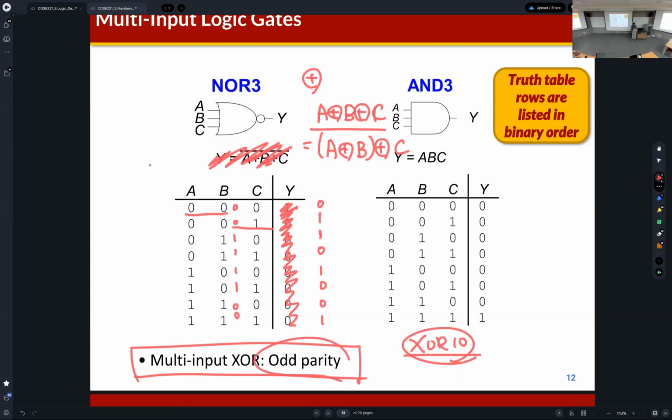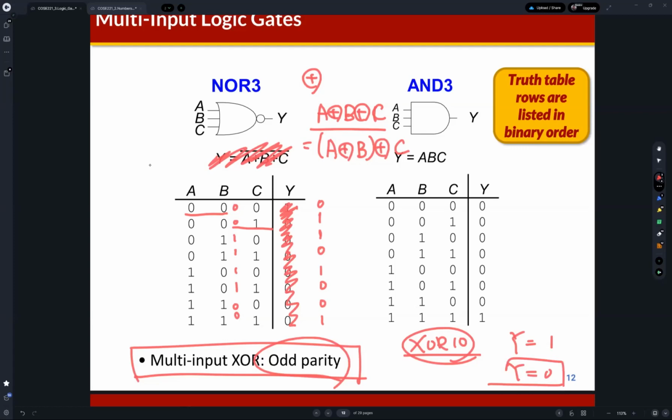The output means that we just count the number of ones in the multiple inputs, and if this count is an odd number, then the output becomes 1. And if the number of ones is an even number, the output becomes 0. So we can easily calculate the multi-input exclusive OR like this.